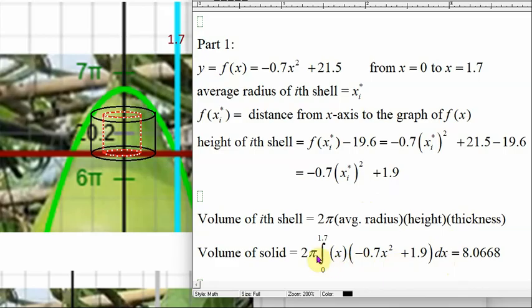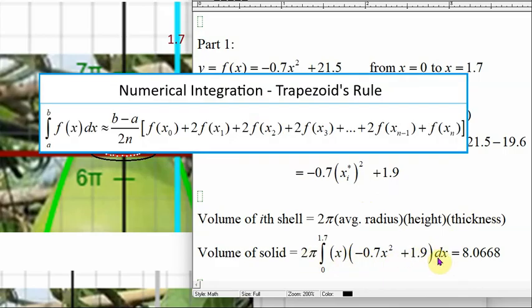To integrate this, we can use numerical integration like the trapezoid rule, and it will come out to be about 8.0668.